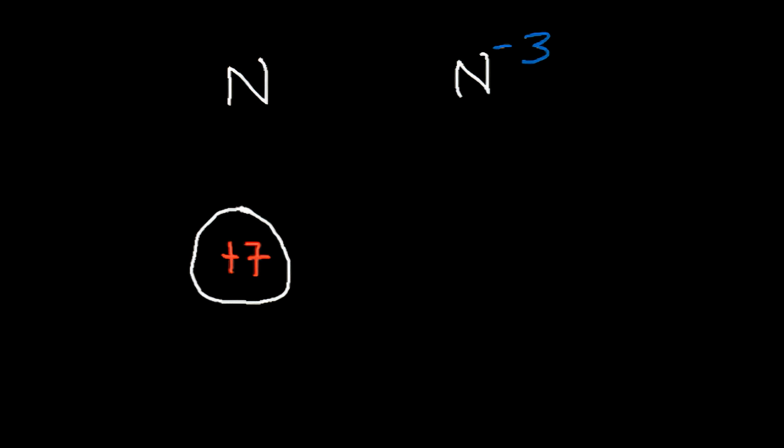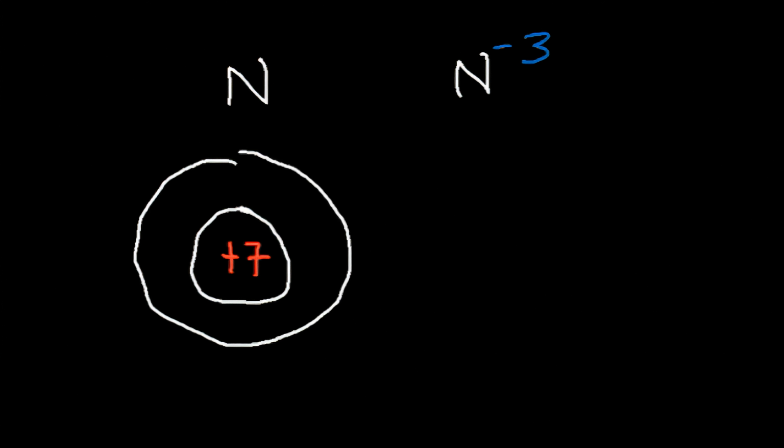So in the first shell, it's going to have 2, and in the second shell, it's going to have 5. So nitrogen has 2 core electrons, or inner electrons, and it has 5 valence electrons. The valence electrons are the electrons in the outermost energy level.